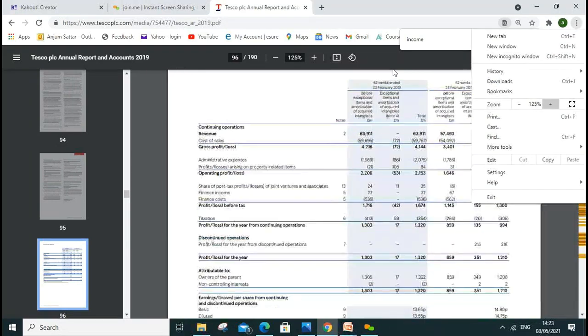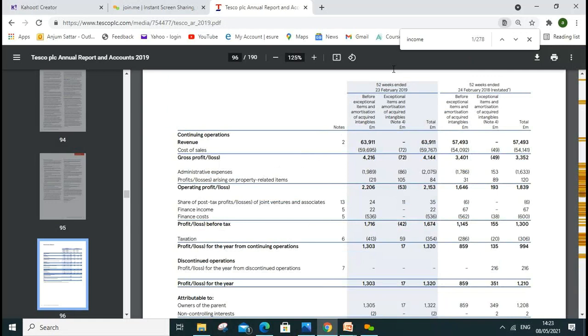Group means they have so many subsidiary companies. So we will see the continuing operations, and sometimes discontinued ones. One unit of business we can discontinue, and still we can earn the profit. So this is the year, 52 weeks, given for 2019. Of course, now 2020 is available; the 2020 statement we can download as well. So this year compared to last year, there is an increase.